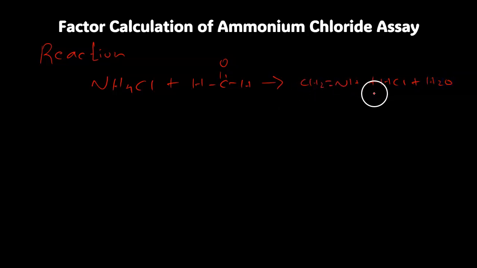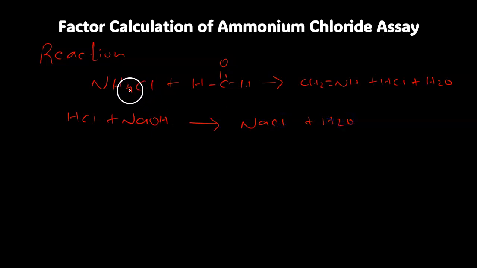So this is methylenamine and this is acid. Now the acid which has been formed in this reaction is titrated with a known volume of NaOH. So the further reaction gives NaCl plus H2O. So this is the overall reaction: ammonium chloride reacts with formaldehyde and forms methylenamine.